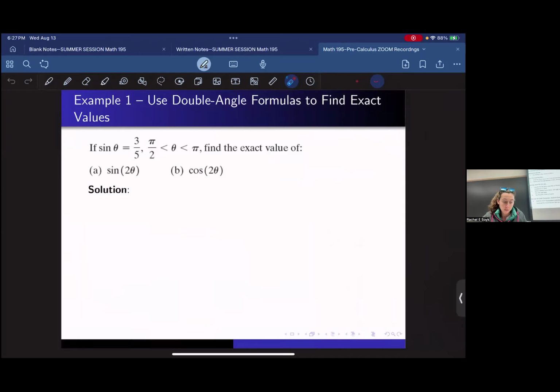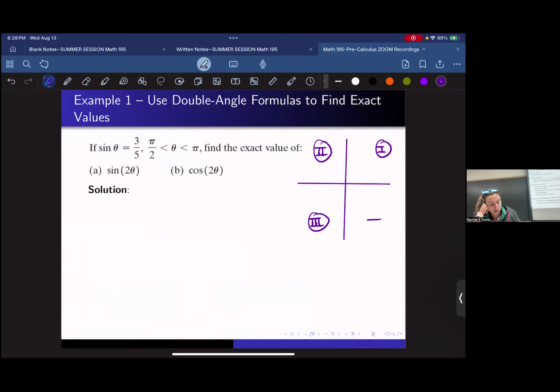We have two different parts. And we also want to look at this bound that they give us. We have that our theta is between 90 and 180 degrees, our pi over 2 and pi. So if we look at it from a coordinate perspective, our first, our second, our third, and our fourth quadrant, all students take calculus.